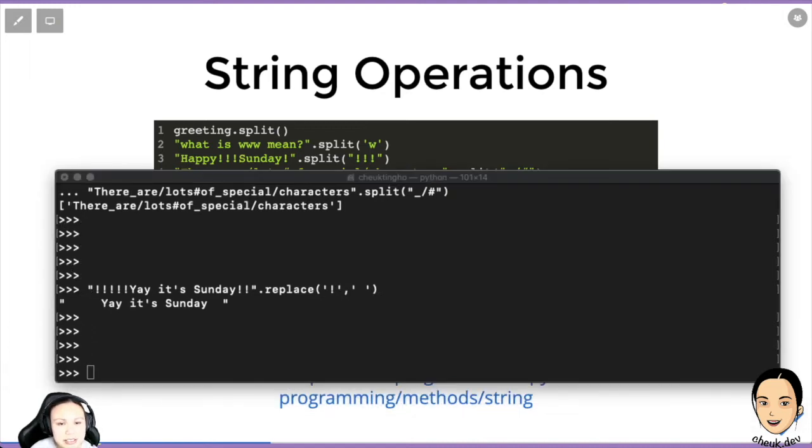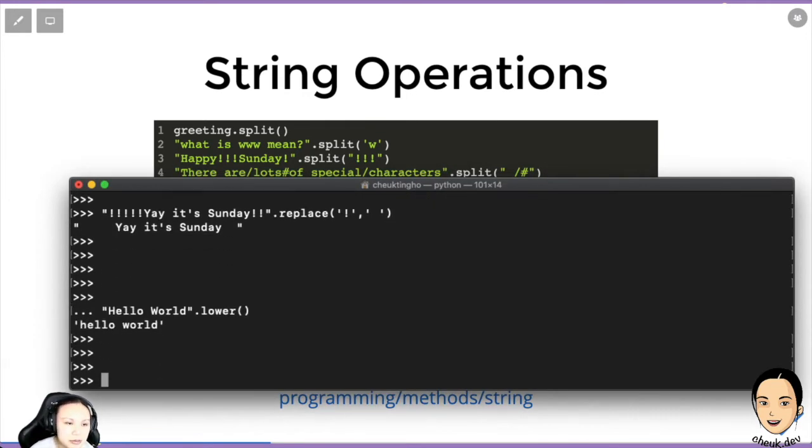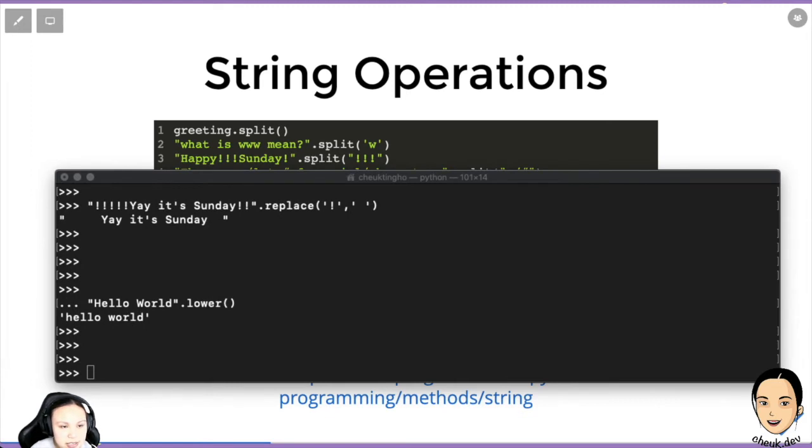There are other things as well. I'll just quickly go through them. They're nothing fancy. For example, you want to make your words all lowercase. Sometimes it's useful when you're dealing with NLP, natural language processing, because you want to clean up your corpus, like clean up your training data, so you want all of it to be, let's say, lowercase.